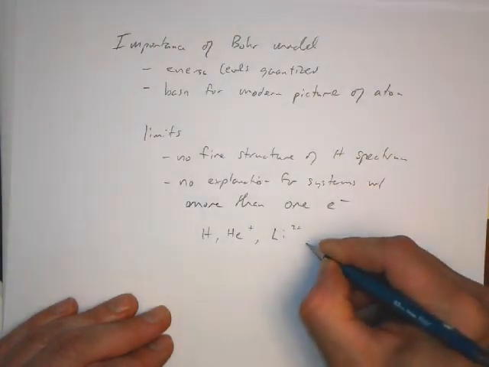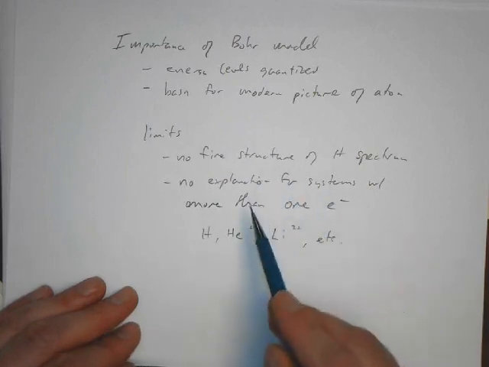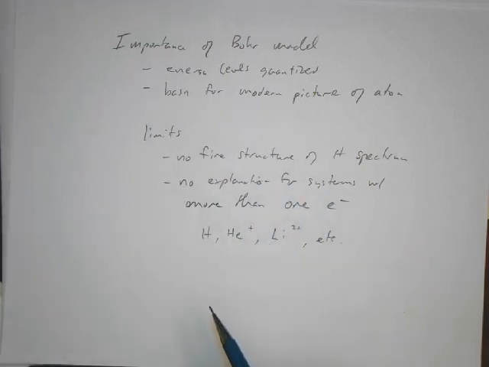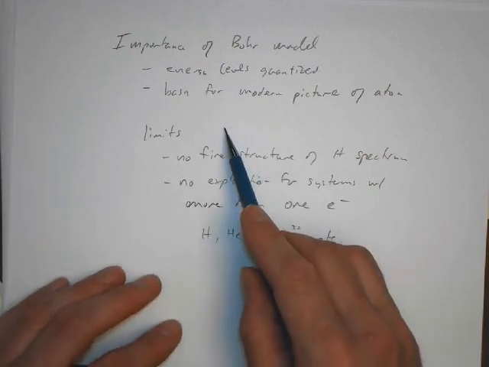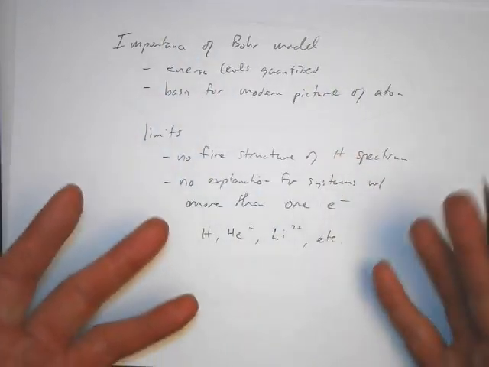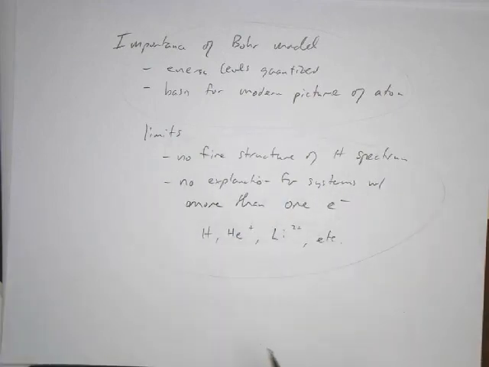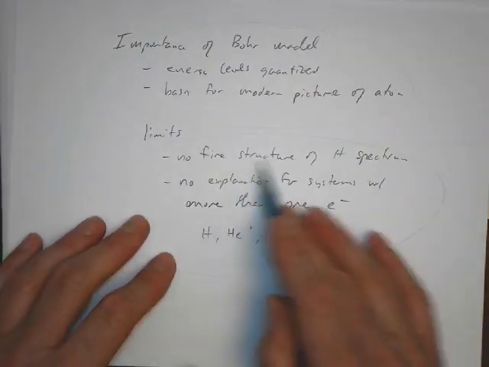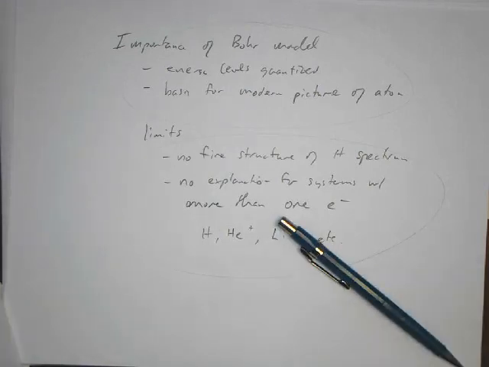It works great for lithium with one electron, and so on. What we're going to see next is how quantum mechanics was developed to incorporate these ideas where the Bohr model works well, but also take into account and create a picture of the atom that accounts for these other things. We will see that in the next video.